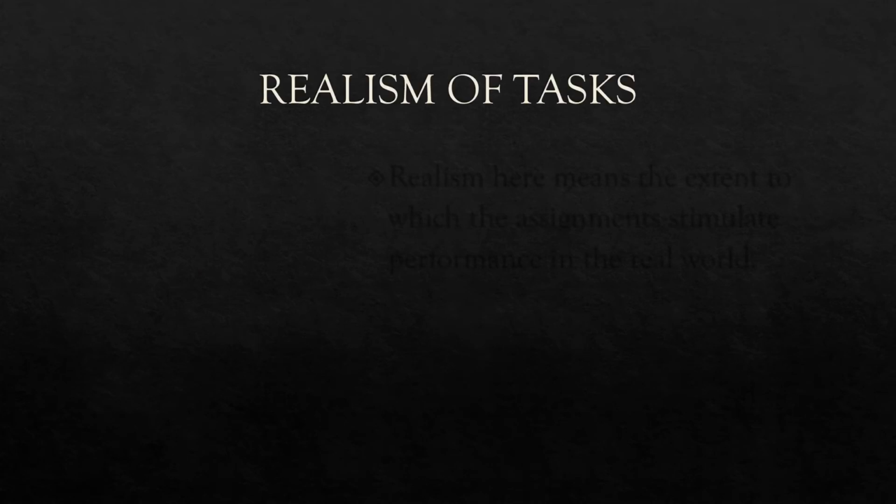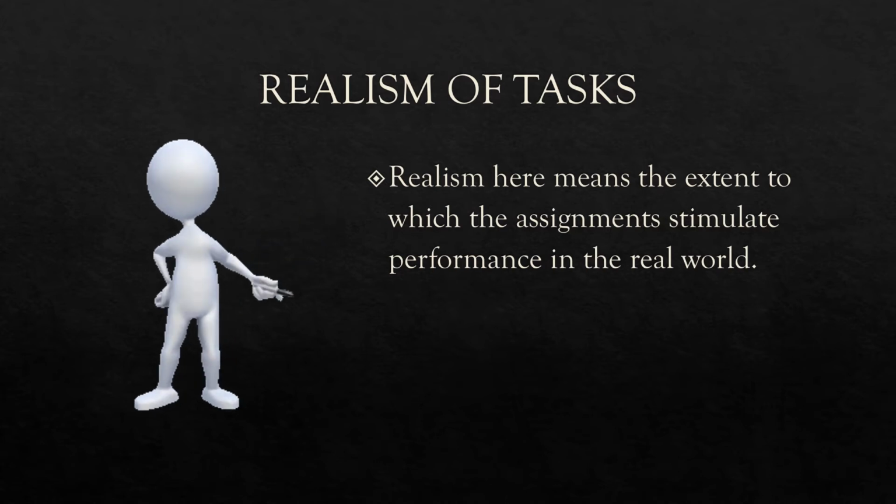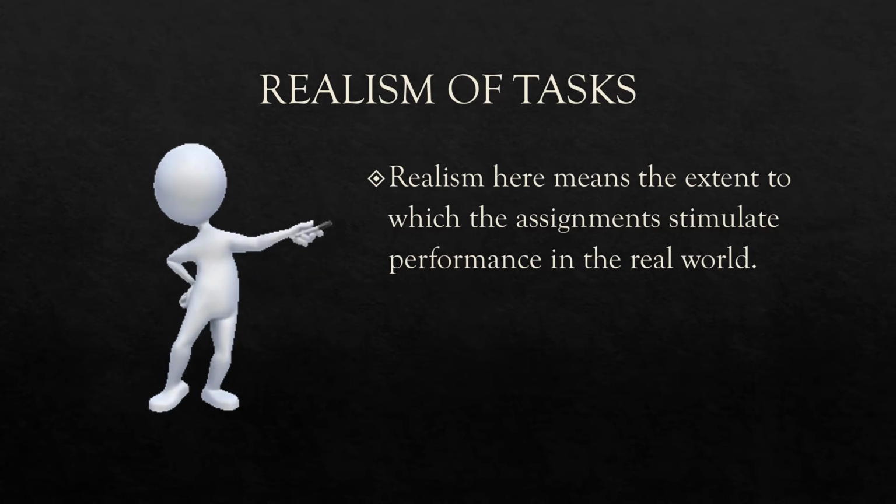First, realism of task. Realism of task deals with how real or how relatable to real life an assessment is. For example, the realism of selected response in multiple choice is very low, since the students are given probable answers.